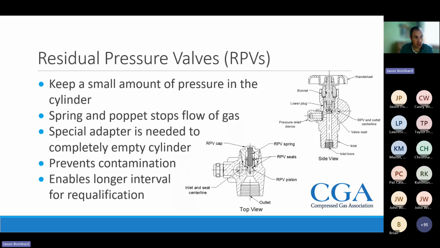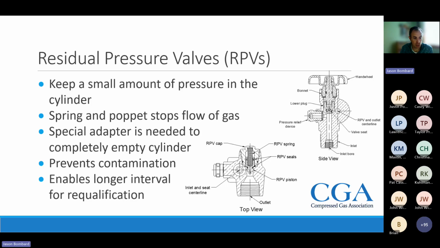You'll also see some valves have residual pressure valves. What these are basically, it's a little spring-loaded valve that will keep a small amount of pressure in the cylinder as it's used. So there's a spring and a poppet that, once the cylinder gets down to, they vary a little bit, but it's about 20 psi, it'll stop the flow of gas so that you can't get any more gas out of that cylinder.